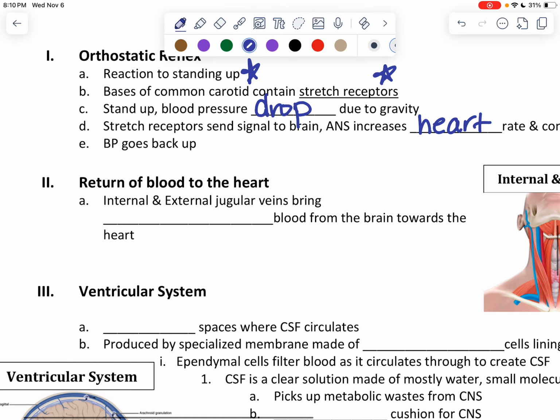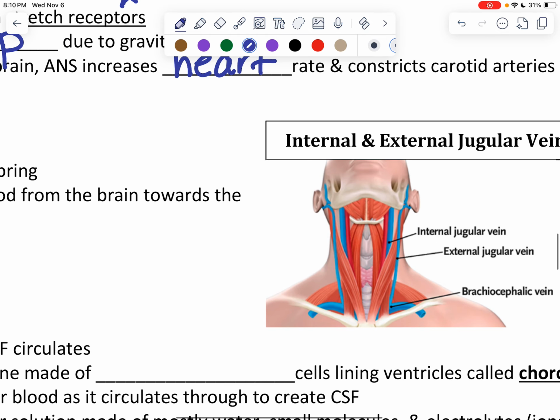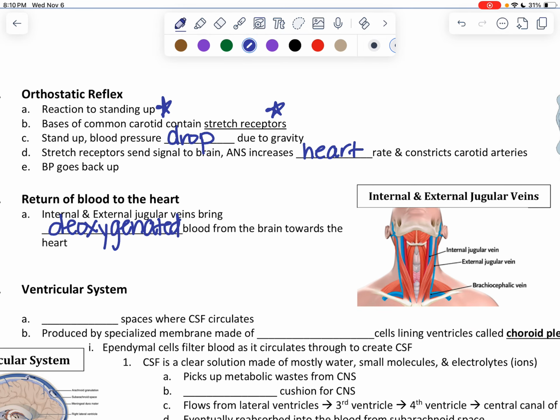But those are going to be your main veins that bring your deoxygenated blood back to the heart. Those are huge blood vessels, and you can probably feel your heartbeat if you put your fingers on that area.